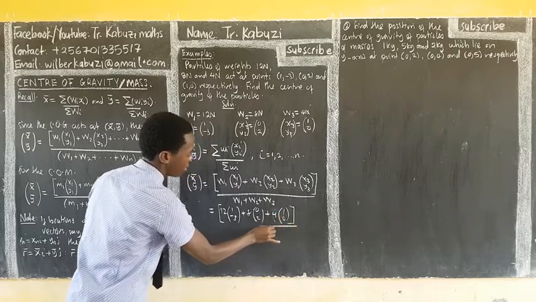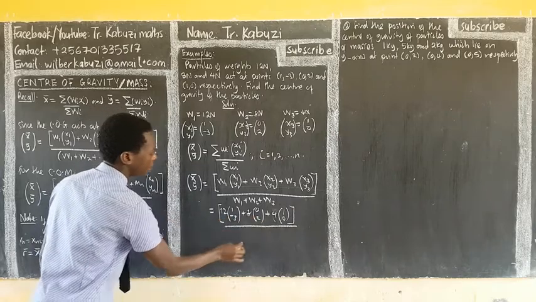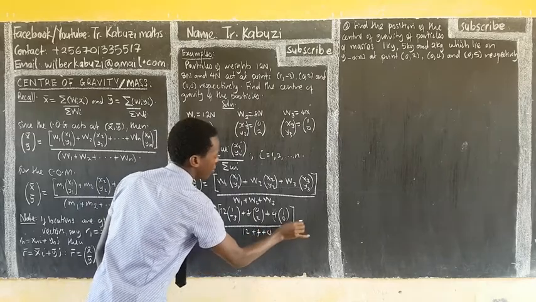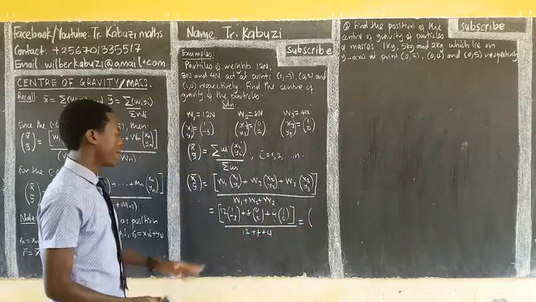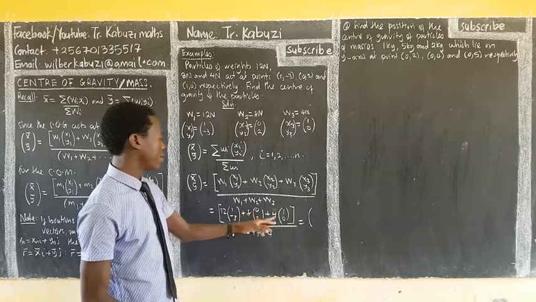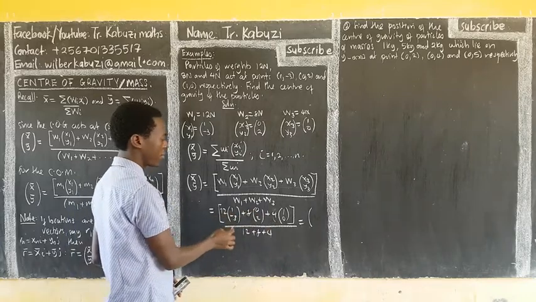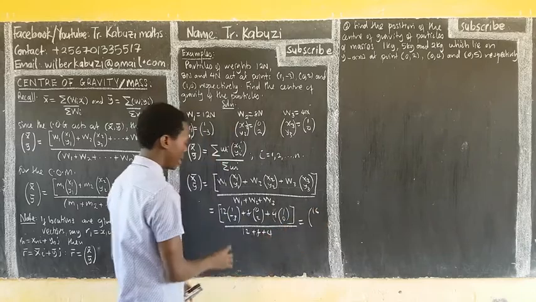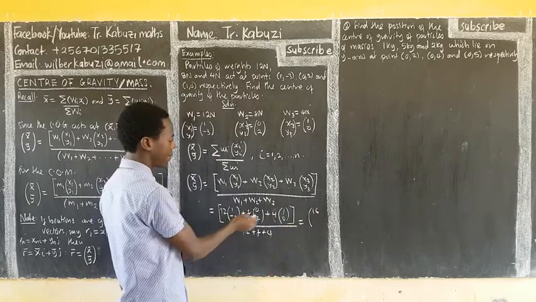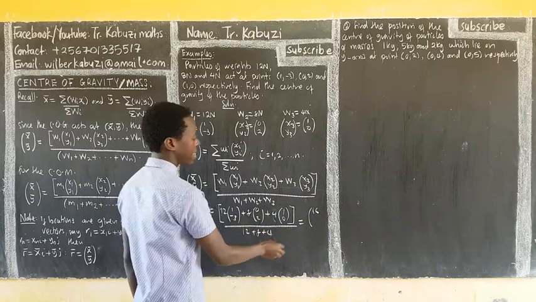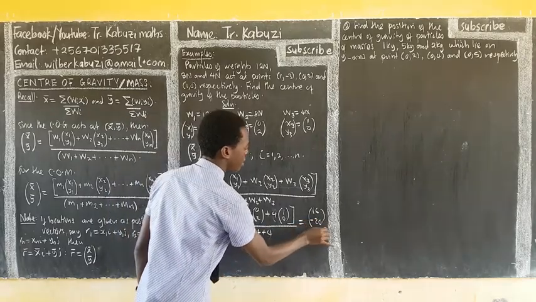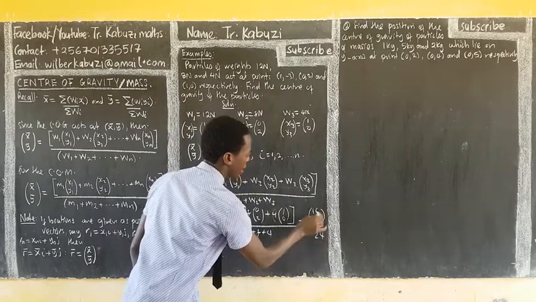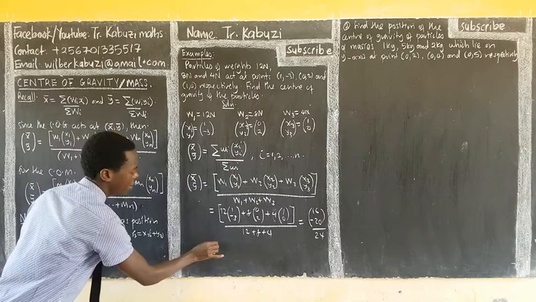The whole divided by the sum of the weights, 12 plus 8 plus 4. When you sum, the top gives 12 plus 0 plus 4, which is 16, and then negative 36 plus 16 is negative 20, plus 0, so negative 20. The sum of the weights is 24, and we divide with this.